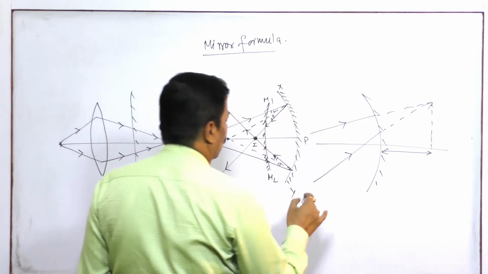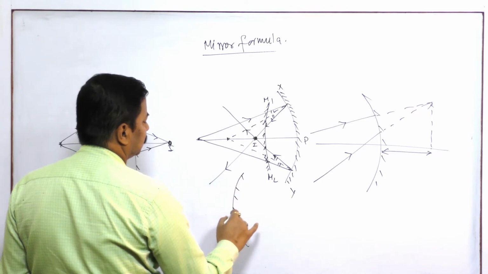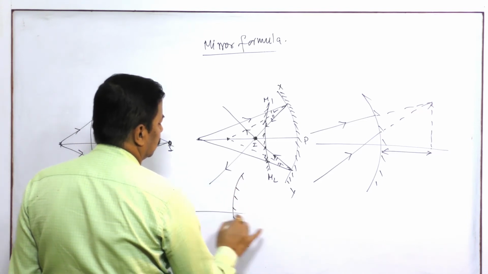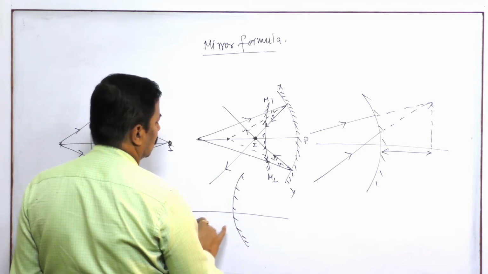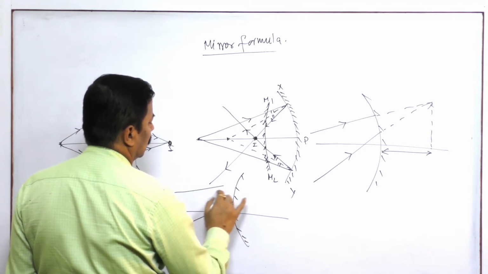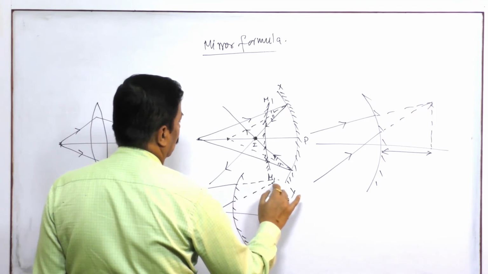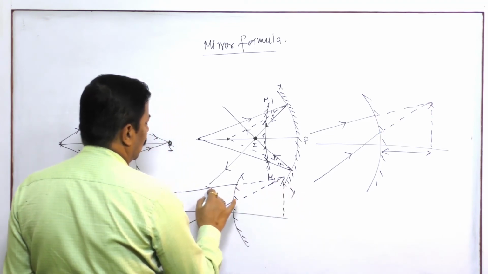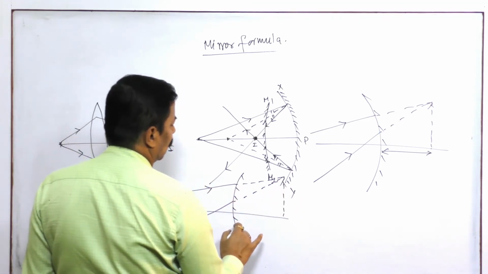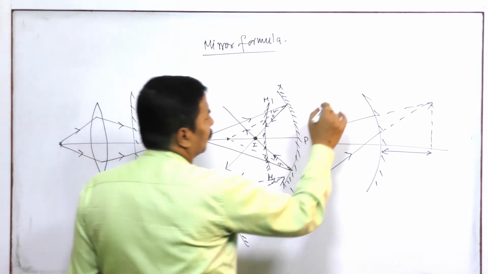Or you can take the convex mirror also. If I am taking a convex mirror, this is the virtual object for your convex mirror.